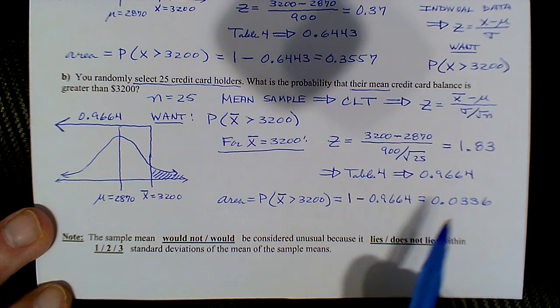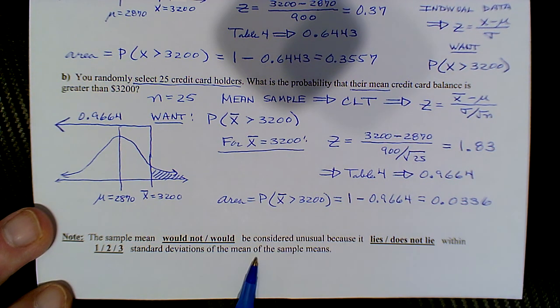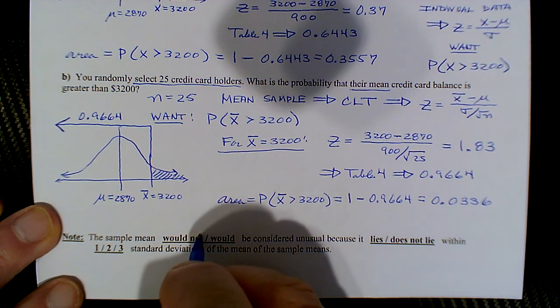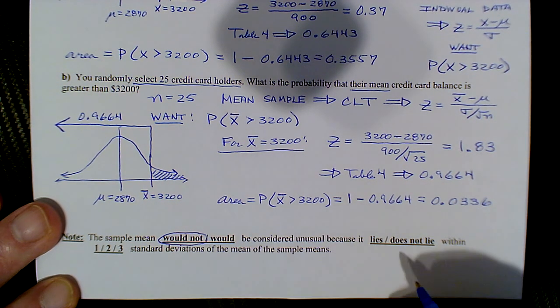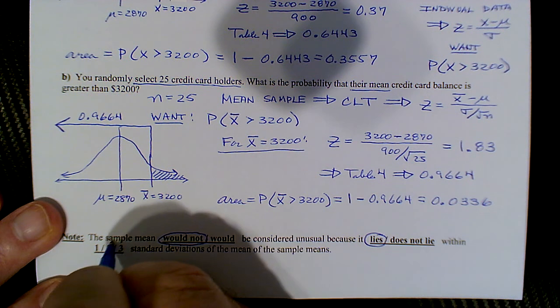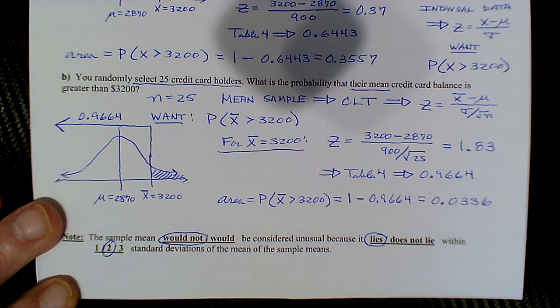So therefore, since our z-score for the sample mean was 1.83, it would not be considered unusual because it lies within 2 standard deviations of the mean, of the sample means.